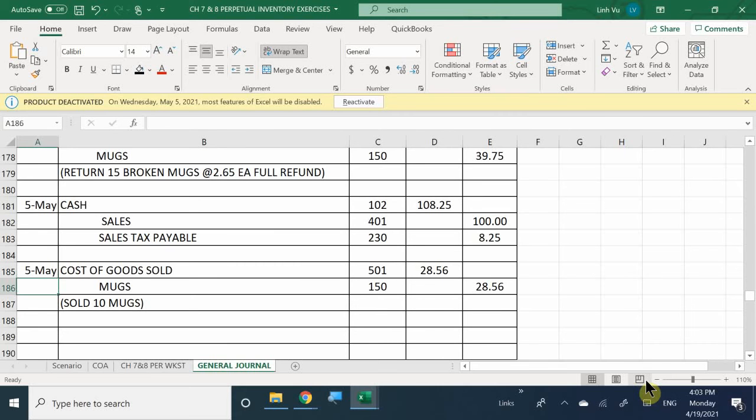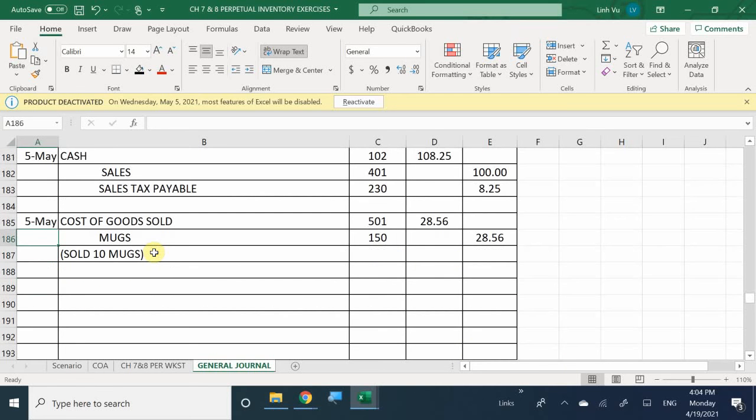You don't need to have a description for every single one, unless you want to say, I sold 10 mugs at $10, which it shows you right here. It should be $100. Your description is whatever you want to put in there, but in this case, I don't feel it's necessary. Okay.